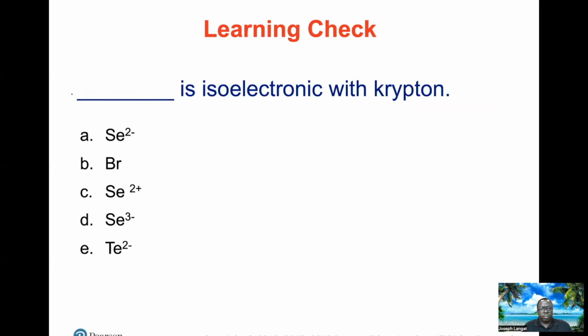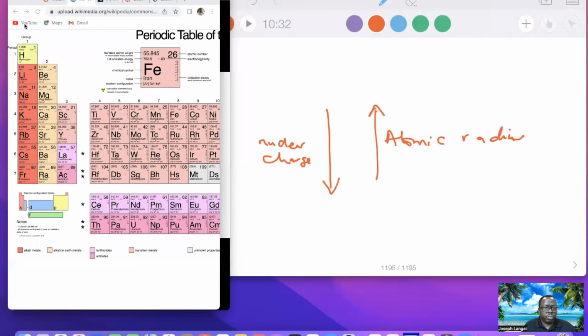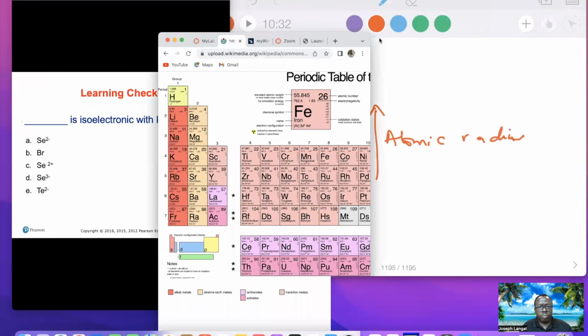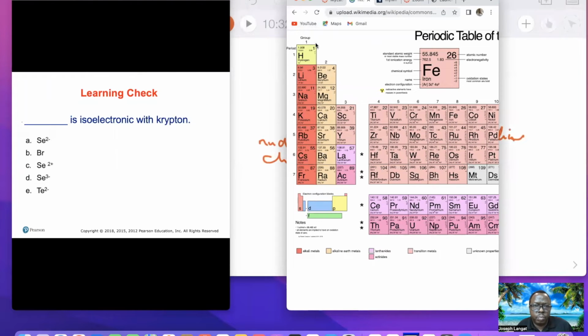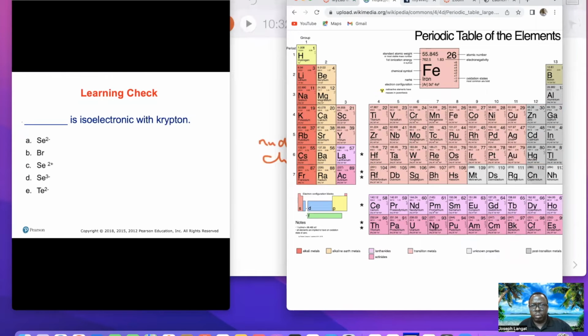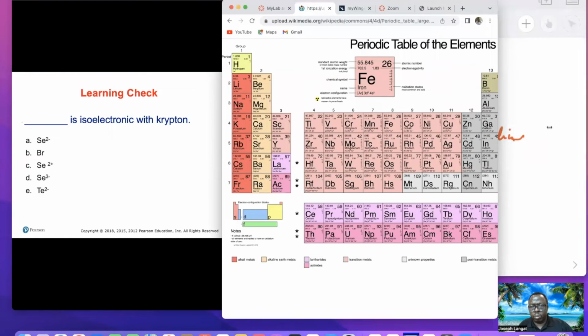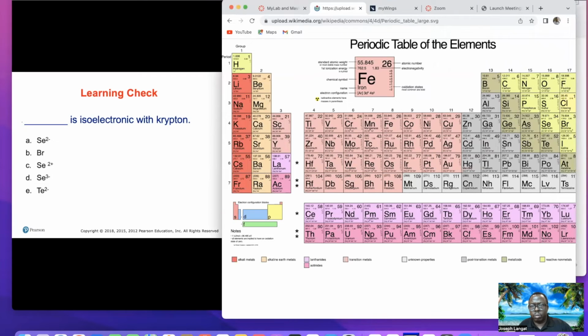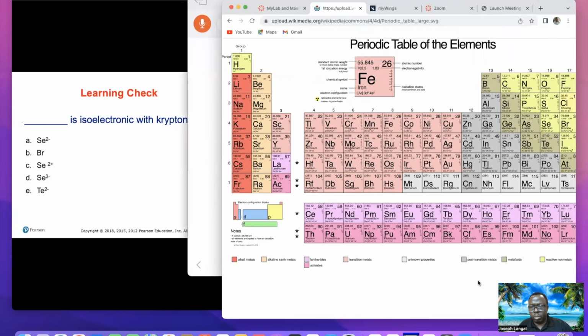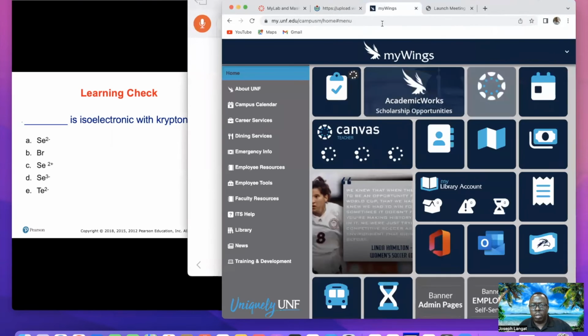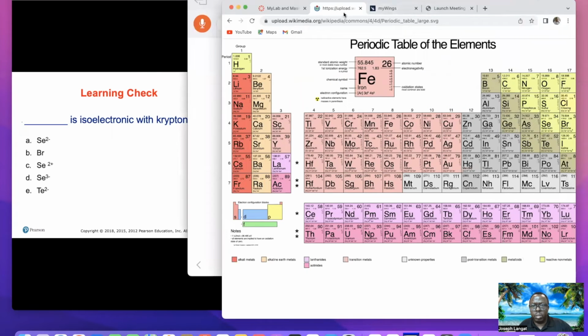So selenium, if I look at selenium. I want us to look at krypton.